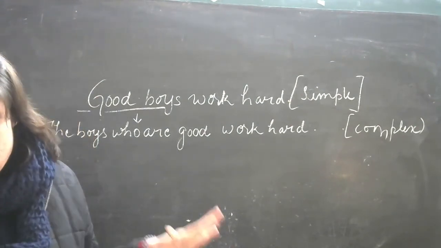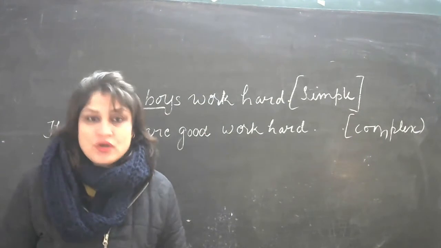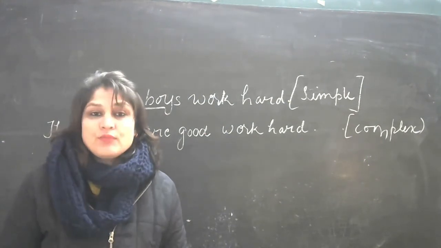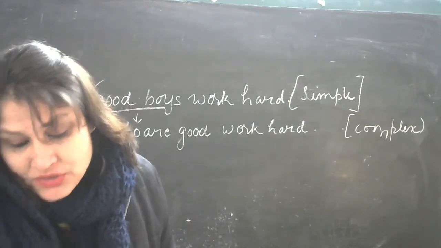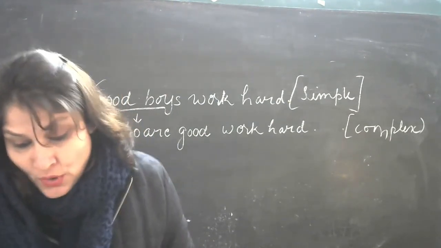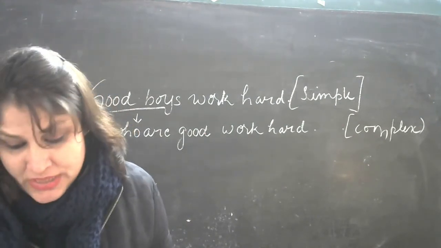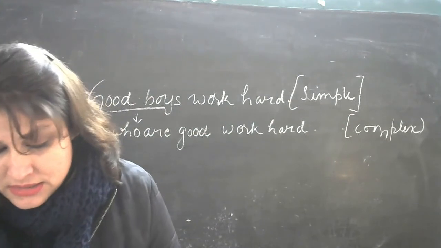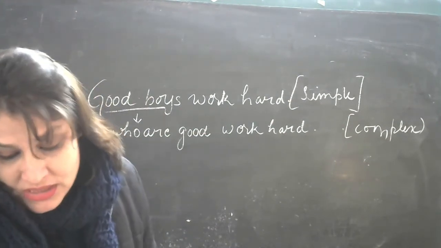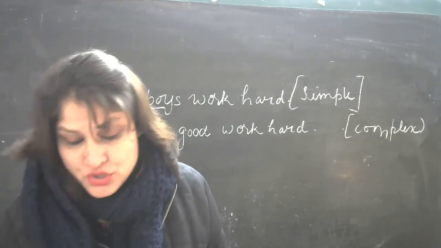It says adverb clauses. We can always change a simple sentence into a complex sentence with the help of an adverb clause as well. For example, it says the train started on my arrival at the station. So it says here the train started as soon as I arrived at the station. See the next one, work at the place of your choice.